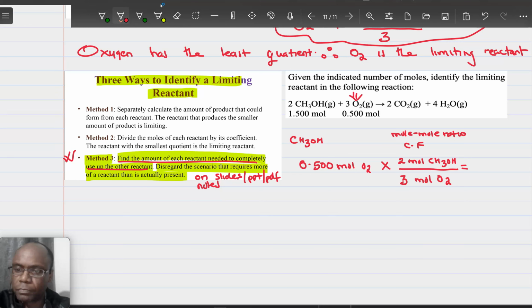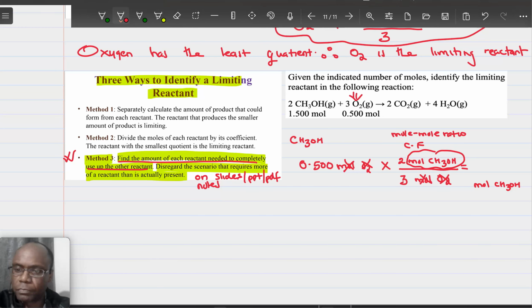So how much methanol is needed to completely use up the oxygen? Once you set it up like that, it gives you the opportunity to cancel out moles of oxygen. The answer will be moles of methanol, and that will tell us how much methanol is required to consume all the oxygen.